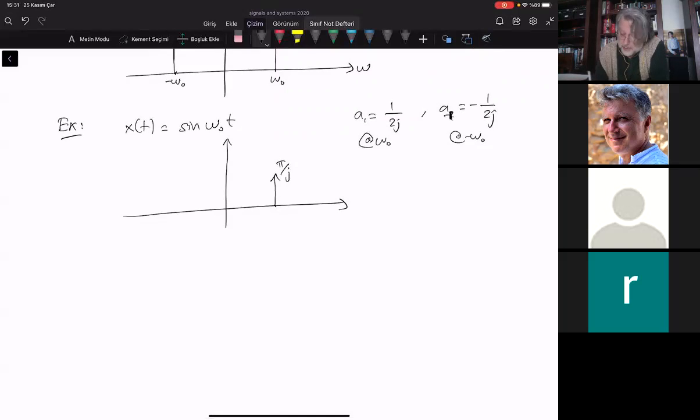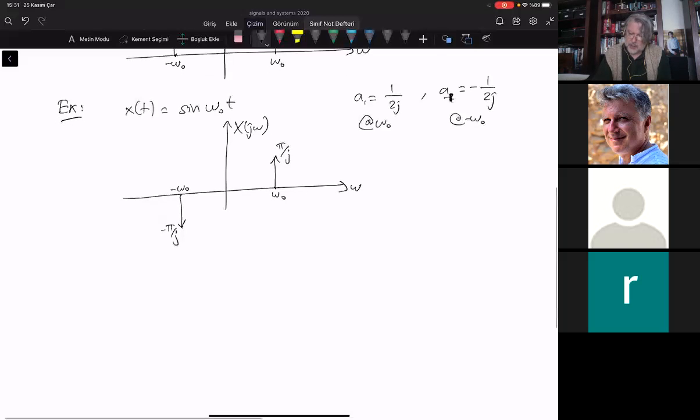And you will be correct, but just to make an illustration, I'm just drawing it like this at omega 0. And at minus omega 0, it will be minus pi over j. So they are just inverse signs of one another. And x of j omega can be plotted like this.